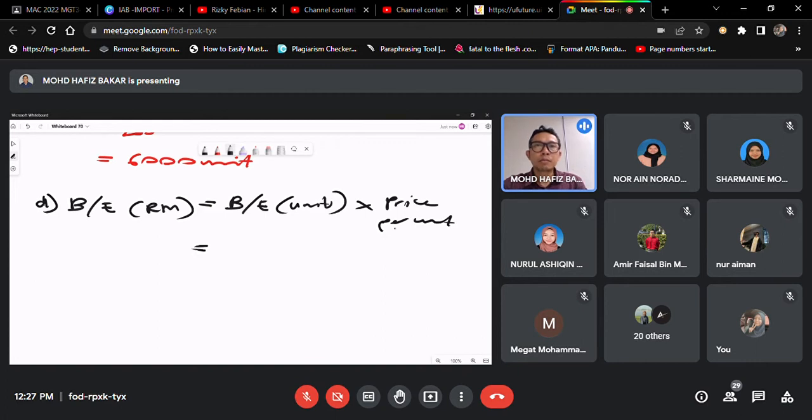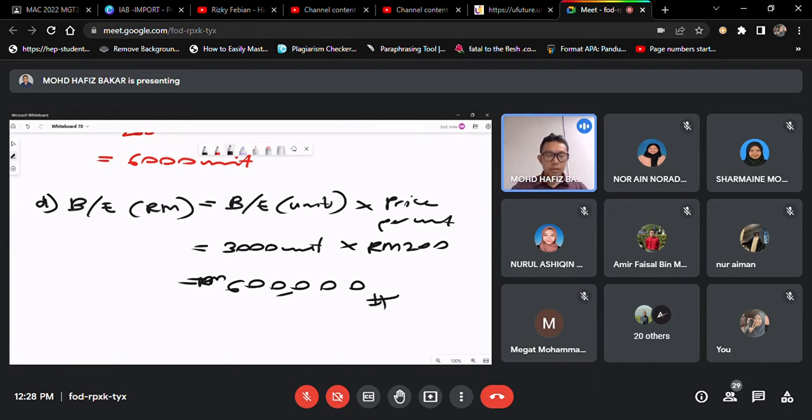So break even tadi 3,000 units times price per unit is RM 200. 3,000 kali 200, so 600,000. Okay, break even point in ringgit Malaysia, RM 600,000.